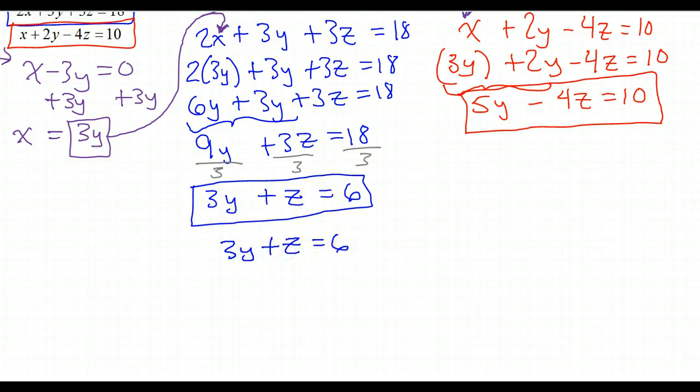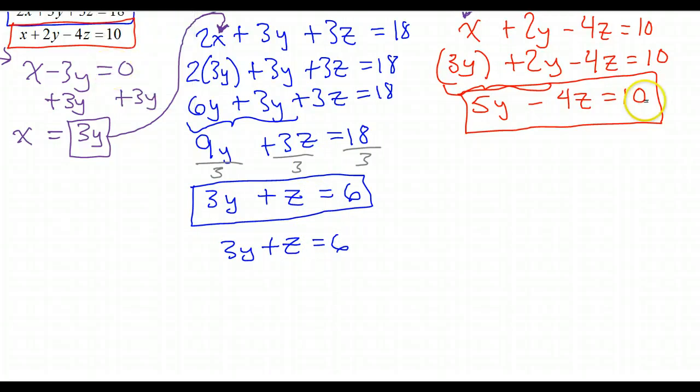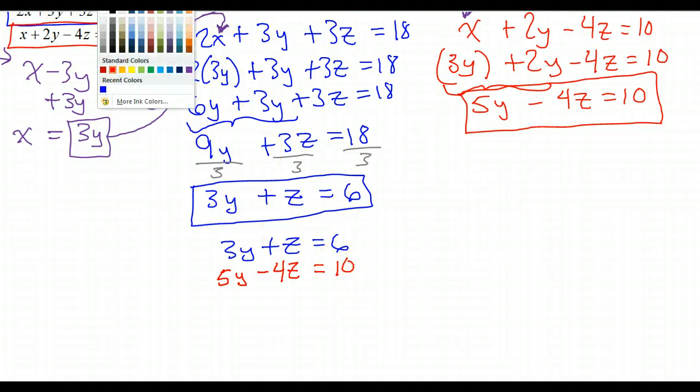Just copied it down. And I'm just going to copy this down. So I've got my 5y minus 4z is equal to 10. Alright, I'm using my two boxed equations to make a brand new system that I will now solve.